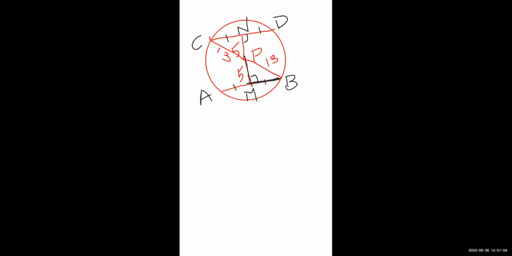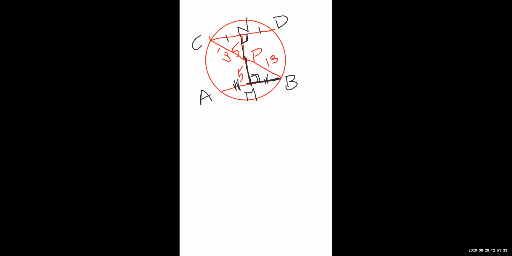When you are drawing from the center to the chord, make it perpendicular, show it perpendicular, and divide it, show this congruent sign. So while you are drawing the diagram of the circle, what do you have to show? Center, chord, distance from the center, perpendicular, and this much. Show it.